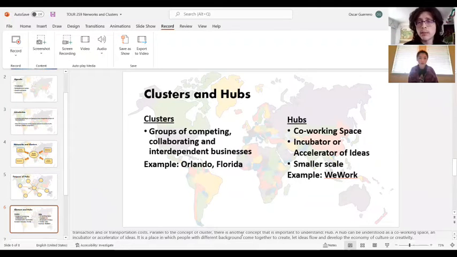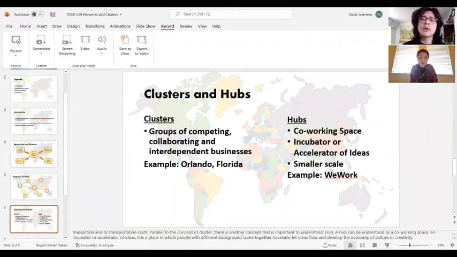The hubs, however, the idea is similar, but the way we as a team understood it is that the hubs are on a smaller scale, right? It's a co-working space. It can be an incubator or accelerator of ideas. Think about, for example, Silicon Valley, these geniuses of technology have come together in spaces to work together, and then that makes the ideas thrive. And another example, maybe closer to us, is WeWork.